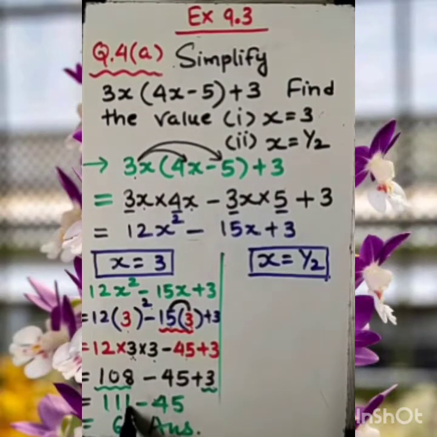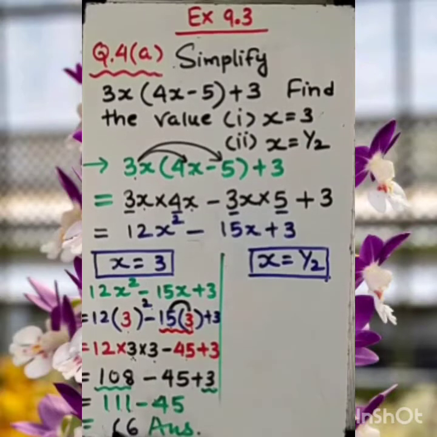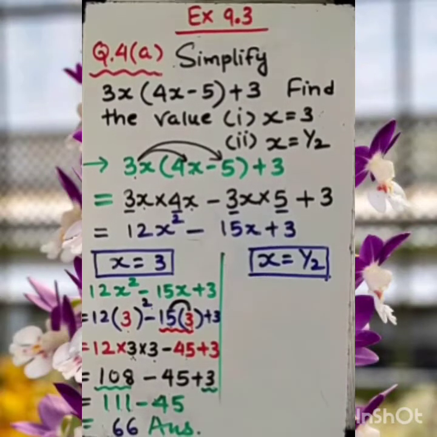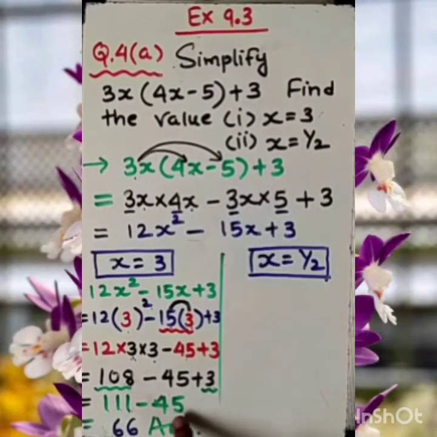So 11 minus 5 is 6, correct? Here it will be 10. So 11 minus 4 will be 76... no, it is 66 only. That is correct. 66 is correct, because when we add 6 plus 5, it is absolutely correct.